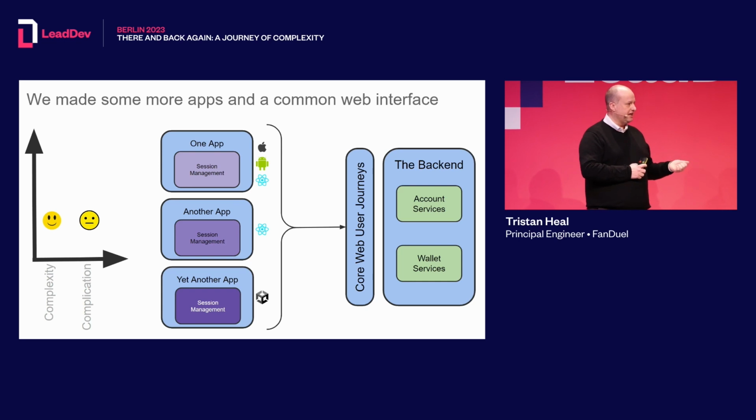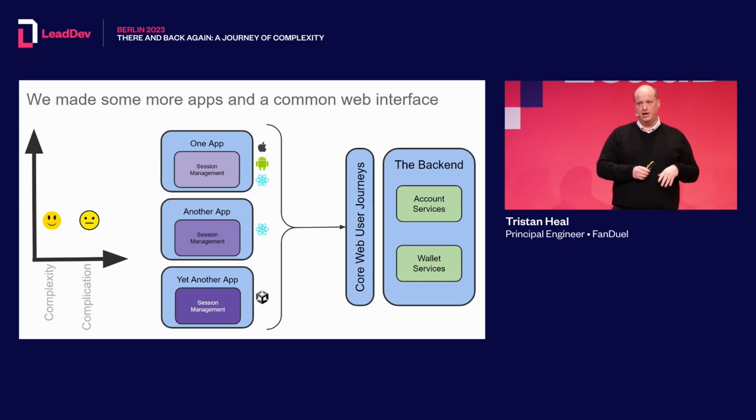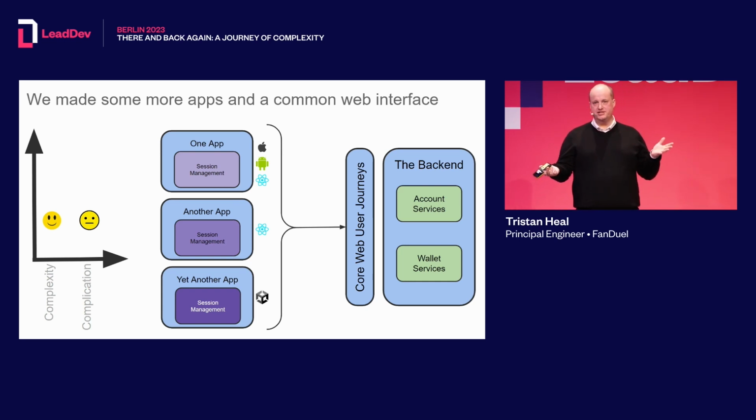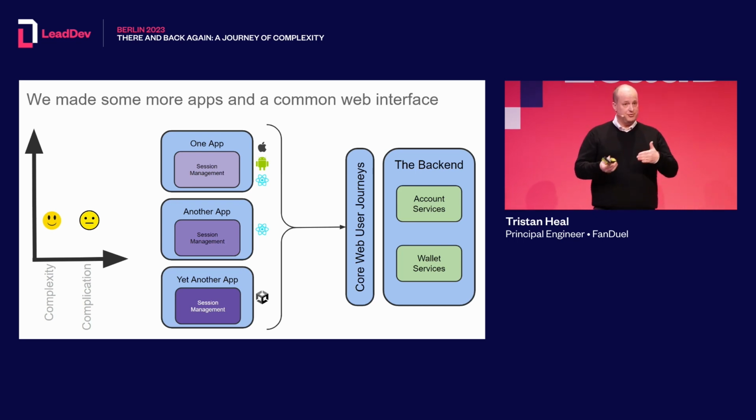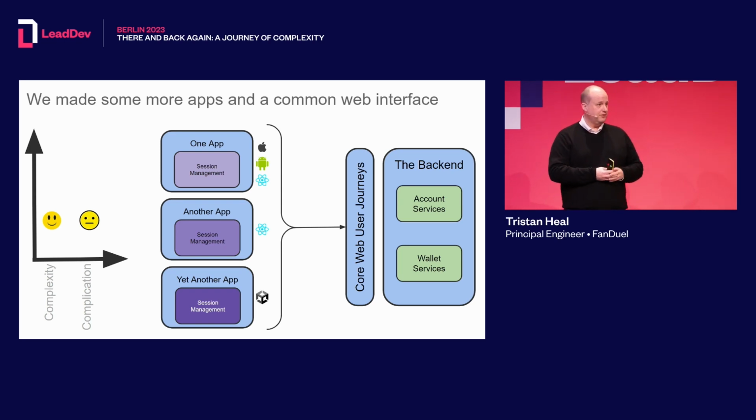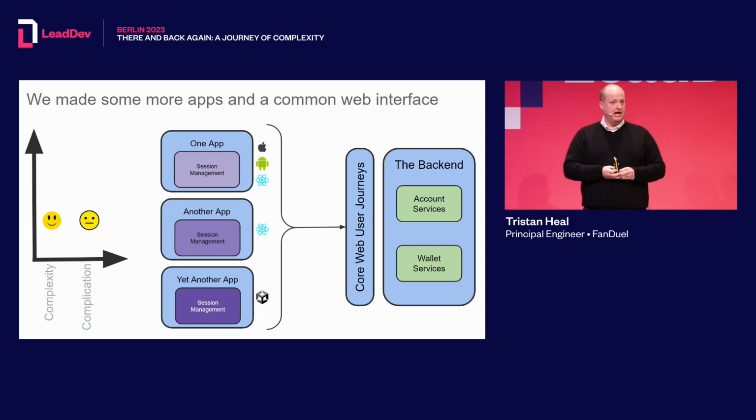So things like logging in, signing up, those digital wallet user journeys that I referred to before, we implemented as web user journeys. So in native, we would display a web view to present those journeys. And on web, we would have a navigation to that page with a redirect back again on completion.